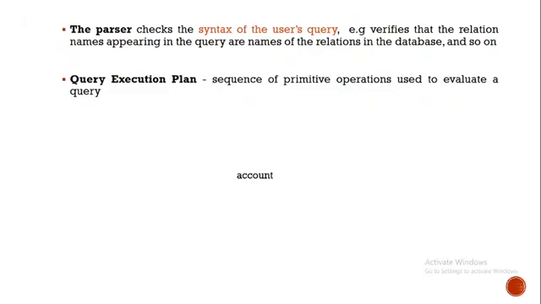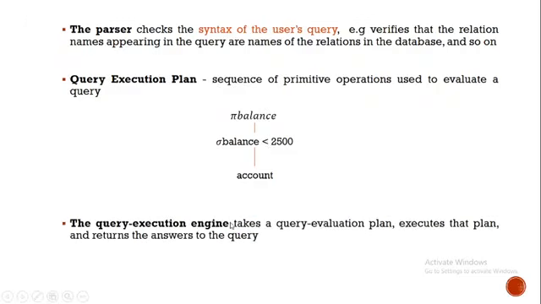For example, it will tell the system to go to the account relation, select those tuples where balance is less than 2500 and then project the attribute balance. This is nothing but the query execution plan, and this plan is taken by the query evaluation engine. It will take this plan, execute it and generate the results. So the query evaluation engine works based on the plan provided by the query execution plan module.